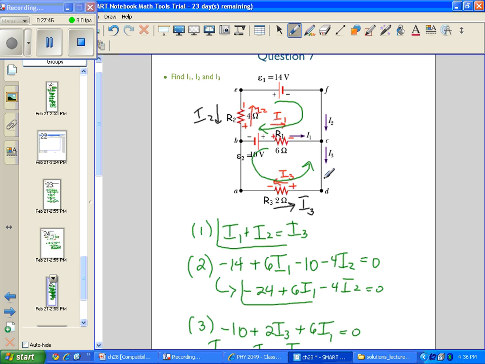I1 was chosen correctly. So in fact, I3 goes into the junction, I2 goes out of the junction, and I1 goes into the junction. So in other words, I1 goes in, I3 goes in, and I2 comes out.